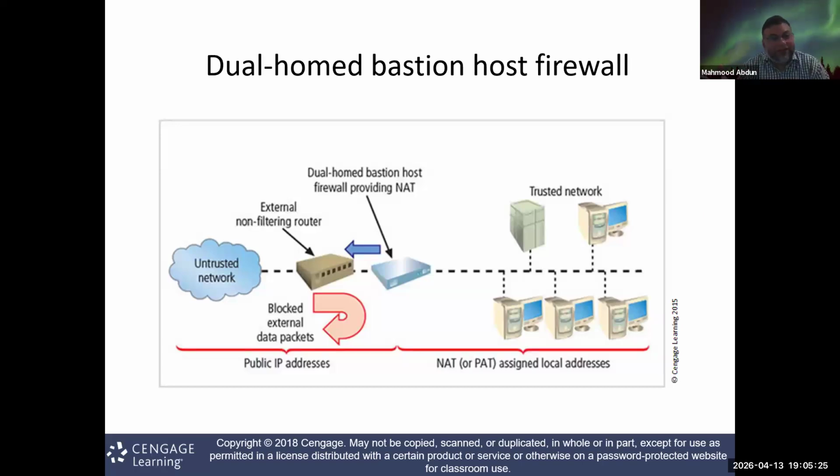Then it's a complex matter. That NAT router's job is to understand where a packet is coming from, where it's heading, and when it's coming back, it ensures it goes to the right place, not a different place. So if you send a request from your mobile phone, the response would not come to your server or your laptop.